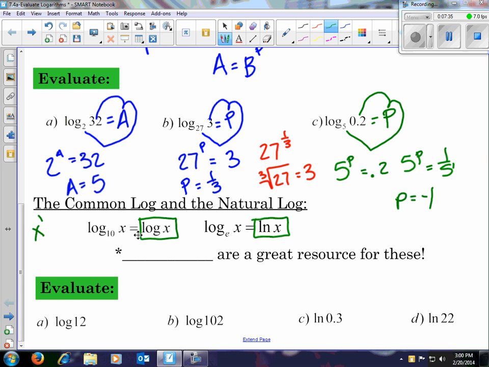Now, when we're solving ones that look like this, calculators are a great resource because we can use our calculators. We cannot type a base of 2 into our calculator, but we can type in log of x, which has a base of 10.